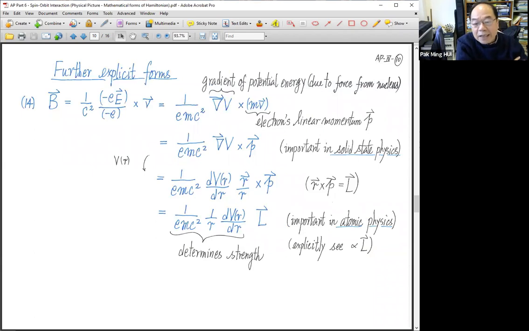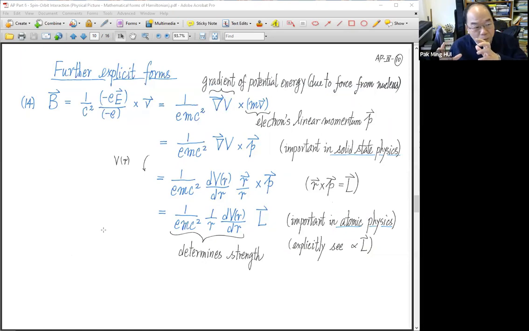Next, as I said, because spin-orbit interaction is now becoming very important in different areas of physics, in particular solid state and condensed matter physics, I would like to rewrite the answer in several forms.